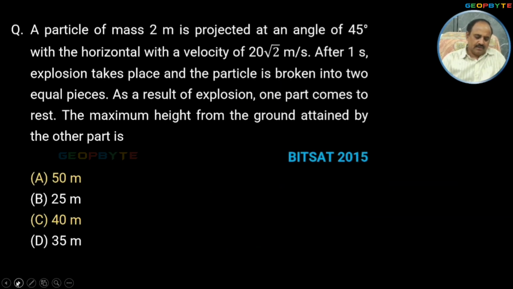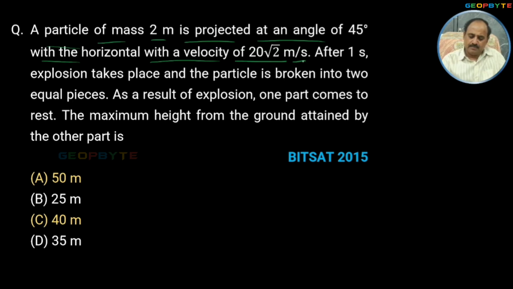Look at the problem asking like this: a particle of mass 2m is projected at an angle of 45 degrees with the horizontal with a velocity of 20 root 2 meter per second.